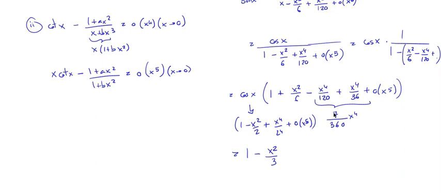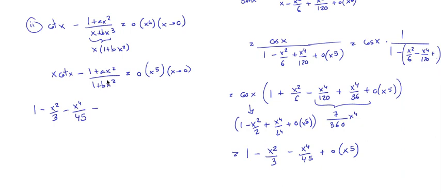And then you can compute all the terms with x to the 4th, and you get minus x to the 4th divided by 45, and everything else is small o of x to the 5, right? So we have this term here, and let me write it here. So this is x times the cotangent, if you remember. This is 1 minus x squared over 3 minus x to the 4th times 45, and then we have this here.